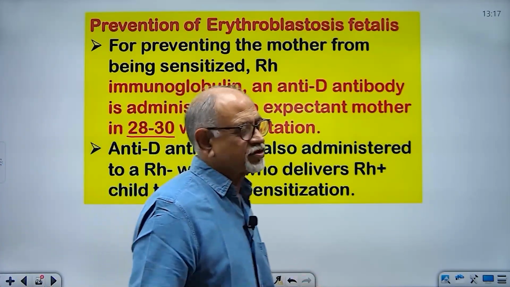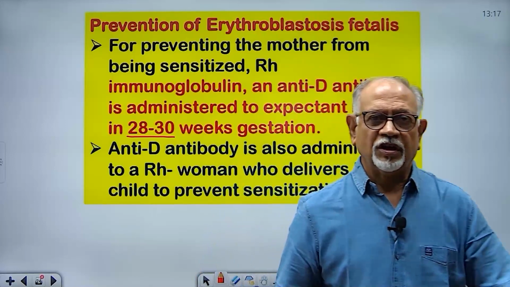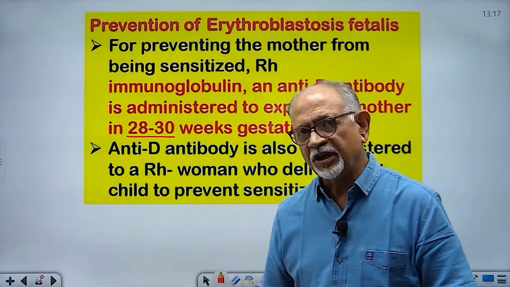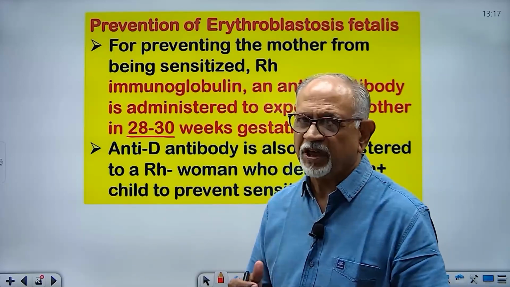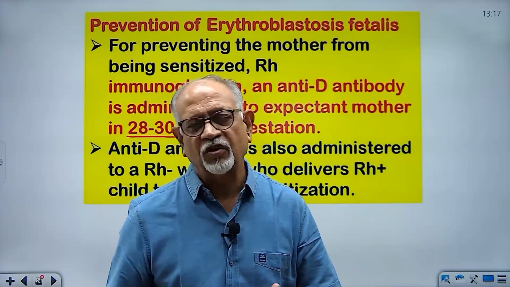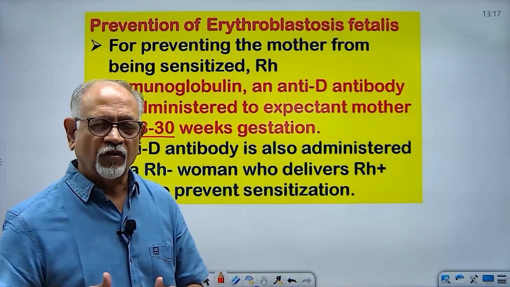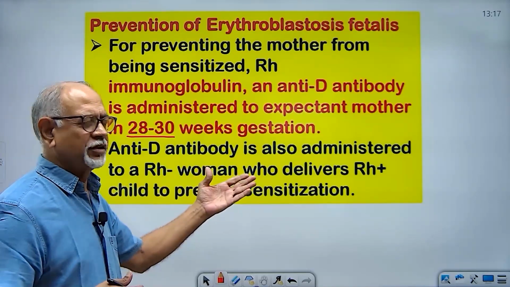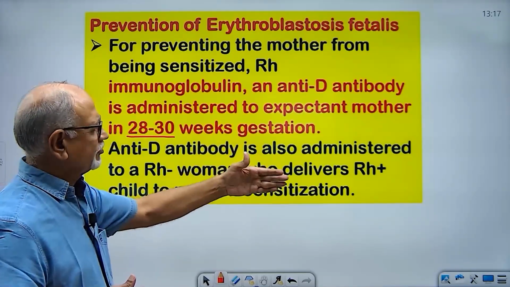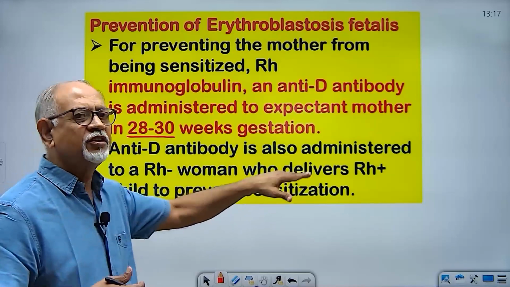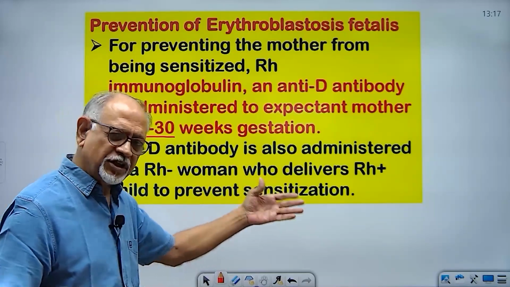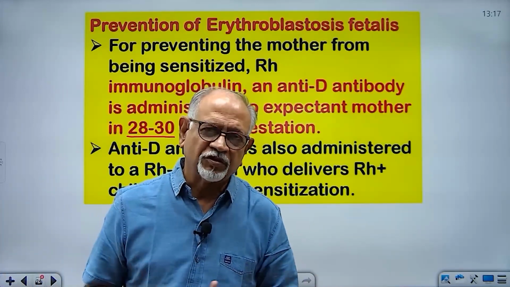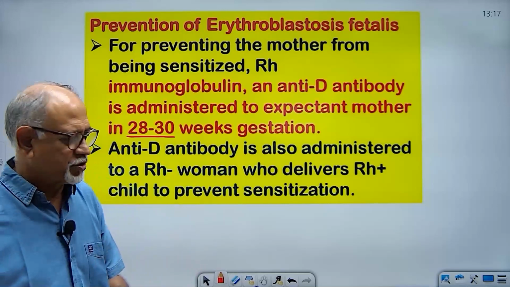As I just mentioned, during parturition, some blood cells of the fetus enter into the maternal circulation, thereby making the mother sensitized to antigen D. So, antibody D is given to the mother so that the Rh positive cells which enter into the maternal circulation are immediately destroyed, and it prevents the mother from being sensitized to Rh.